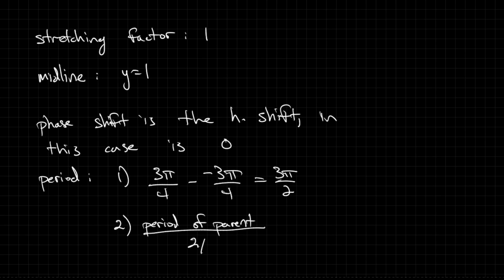So divided by 2/3. And now the period of the parent, in the case of sine of t and cosine of t, it was 2 pi. But in the case of tangent of t and cotangent of t, it's just pi. So this is pi divided by 2/3, so 3 pi over 2.